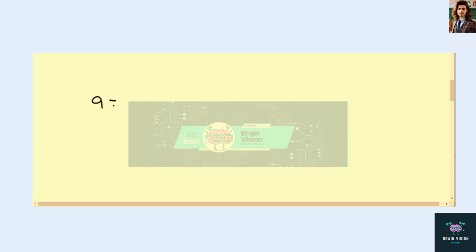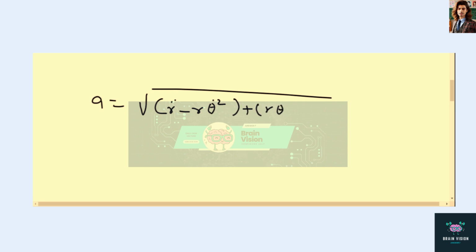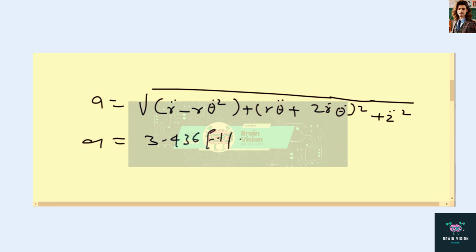And acceleration A is equal to root of (R double dot minus R theta dot squared) plus (R theta double dot plus 2R dot theta dot) whole squared plus Z double dot squared. So acceleration is equal to 3.436 feet per second squared.